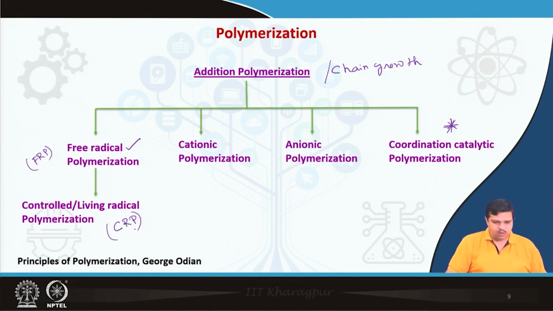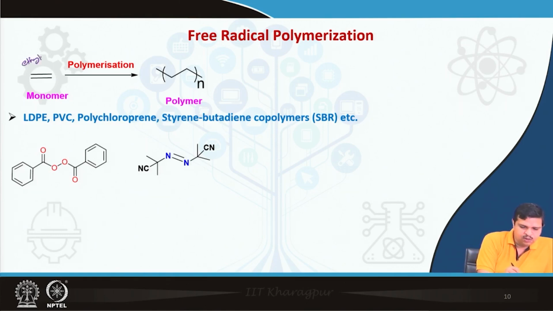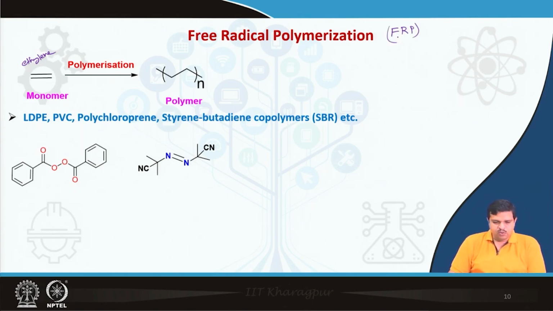So, as I told, in chain growth polymerization, this is my ethylene monomer, and you can polymerize it by free radical polymerization, that we call FRP. Here we routinely use some initiator, as an example, this is benzoyl peroxide. What happens if we give some heat?